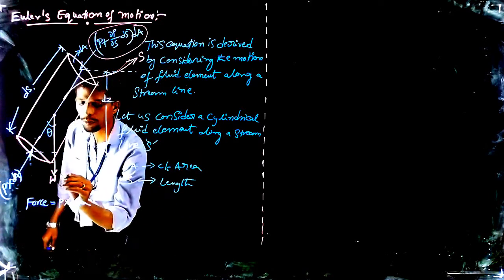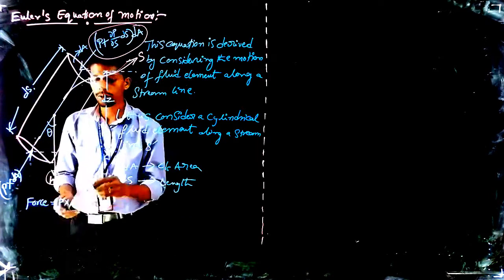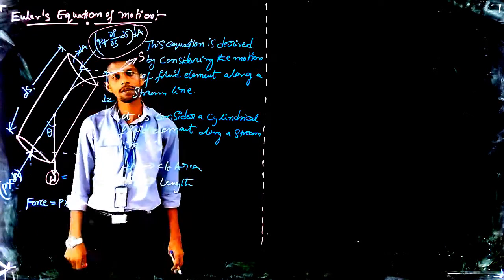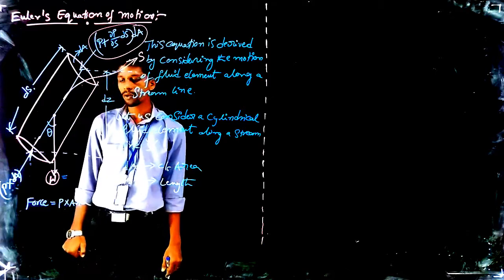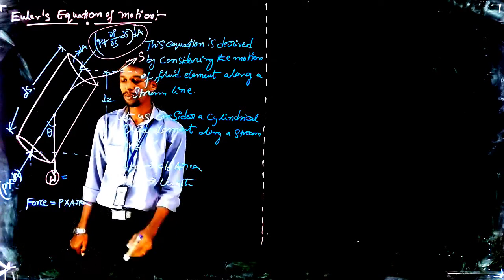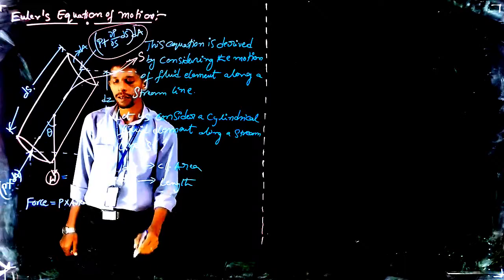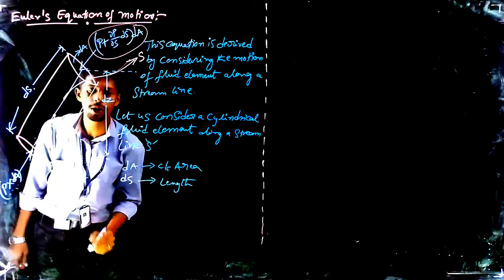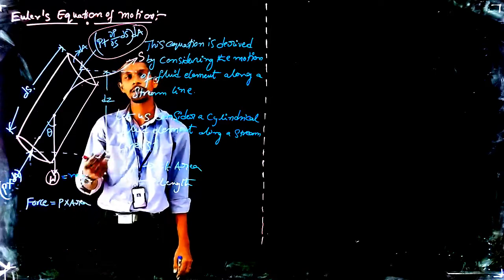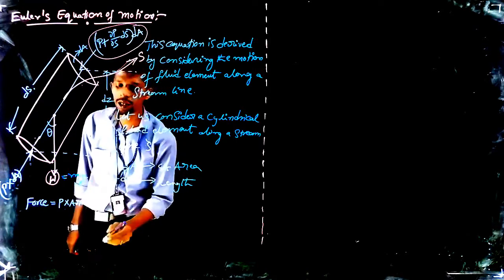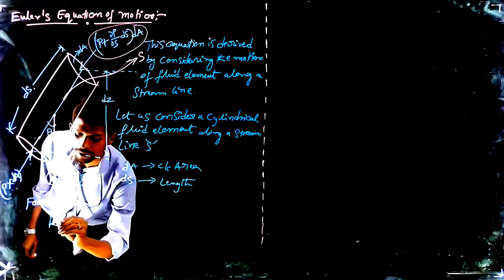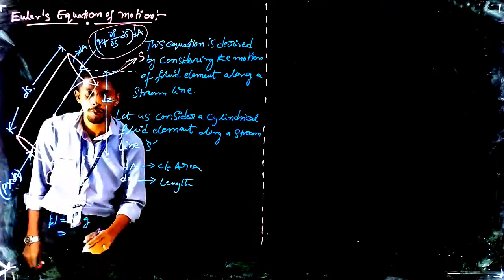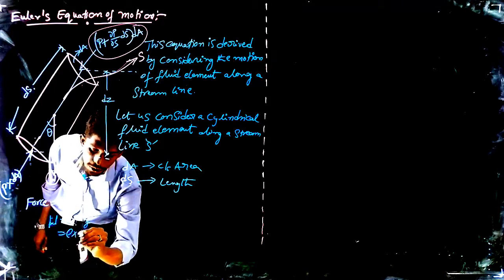So then what about the weight of the fluid element? We can calculate weight from the expression for density, right? Density is equal to mass by volume, so mass is density into volume. And also we can write W is equal to mg, right? Mass into acceleration due to gravity. So here weight is equal to m into g. Then what is m? Mass is equal to density into volume.